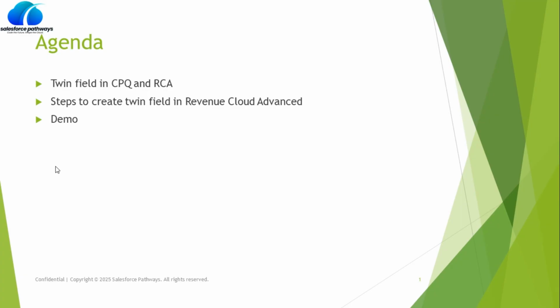Today, I am going to talk about what a twin field is and how we can achieve it in RCA. We'll talk a little bit about twin fields in Salesforce CPQ versus in Revenue Cloud Advanced.